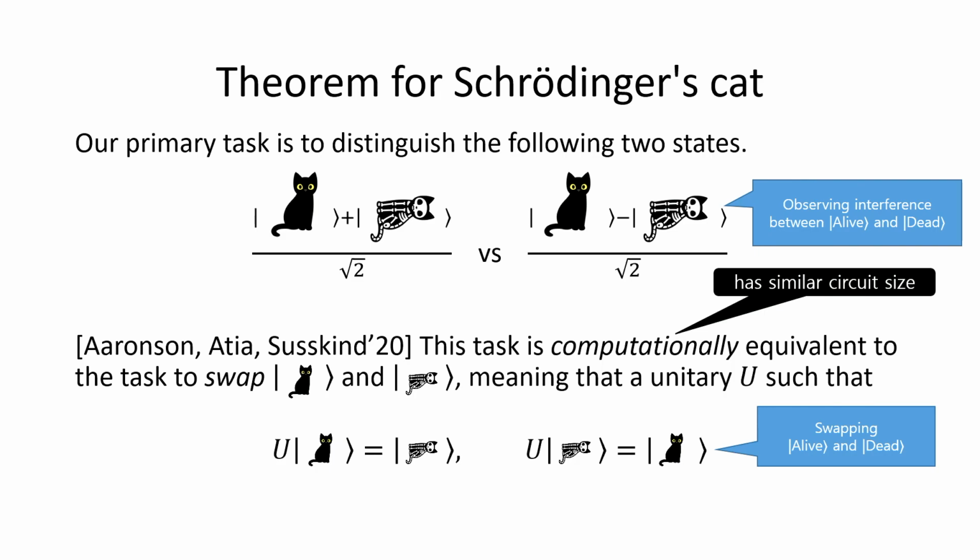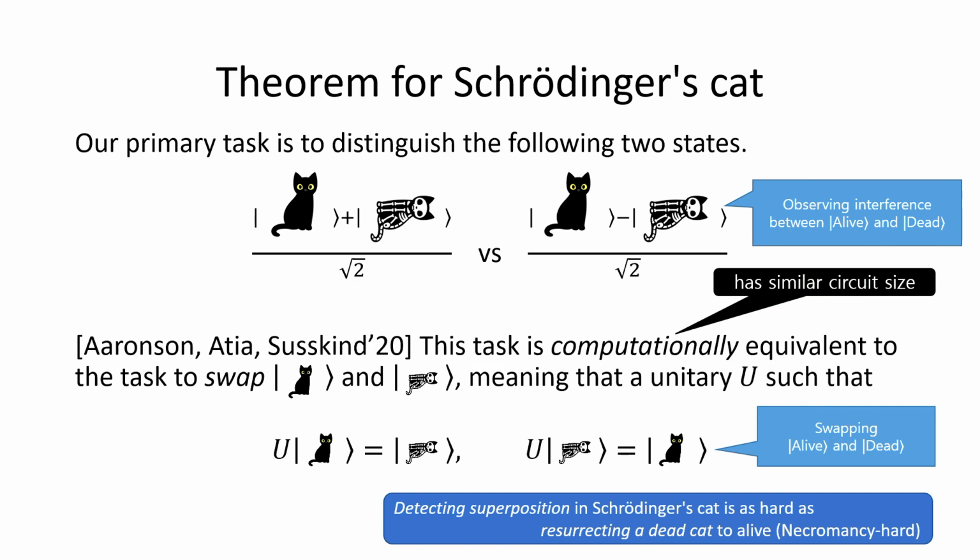The first task is observing the interference between alive and dead, and the second task is a swapping task. Aaronson argued that in the physical world we cannot resurrect the dead cat, so swapping the alive cat and the dead cat is a physically hard problem, a necromancy-hard problem, and it is equivalent to distinguishing alive plus dead from alive minus dead. As I said, this problem is equivalent to distinguishing the physical world from the probability world.